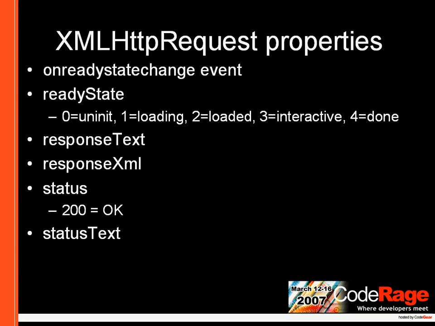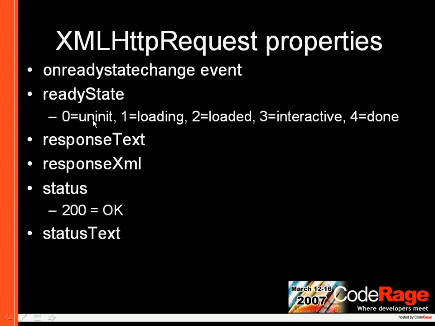Now for asynchronous requests, it's important to take a look at some of the properties of the XMLHttpRequest component, one of which is the onReadyStateChange event. This is an event handler which is being fired for asynchronous requests when the request is getting ready. Not especially when it's ready, but when it's getting ready.